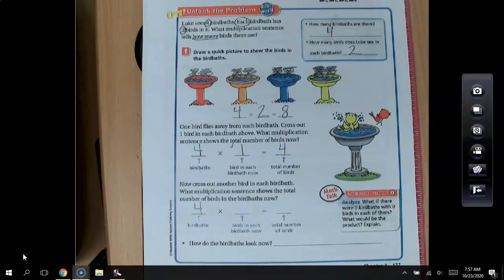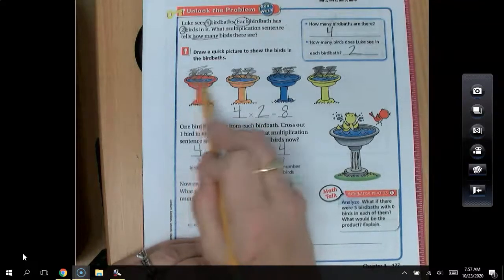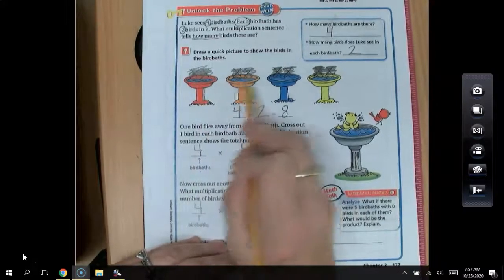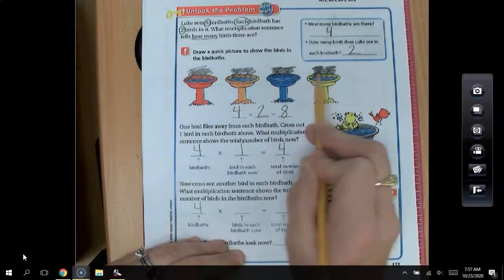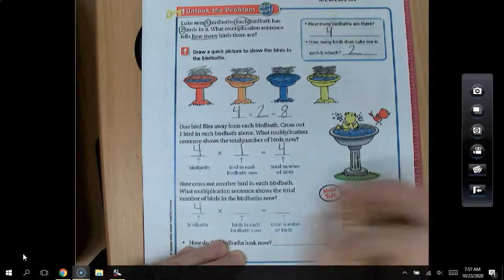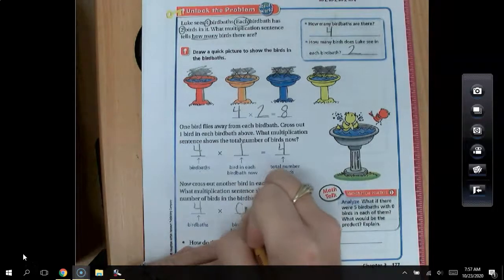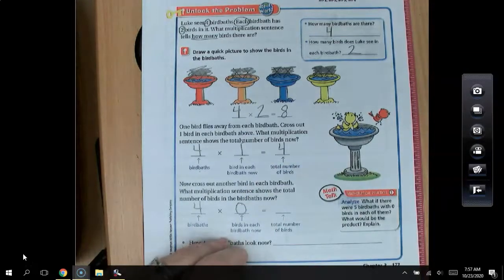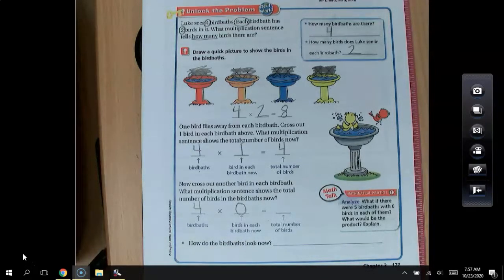Remember, they flew away. So if you look up here, I crossed those out because they're gone. Do I have any birds in that bird bath? I don't. I have 0 birds in each of those bird baths. We crossed them out because they flew away.